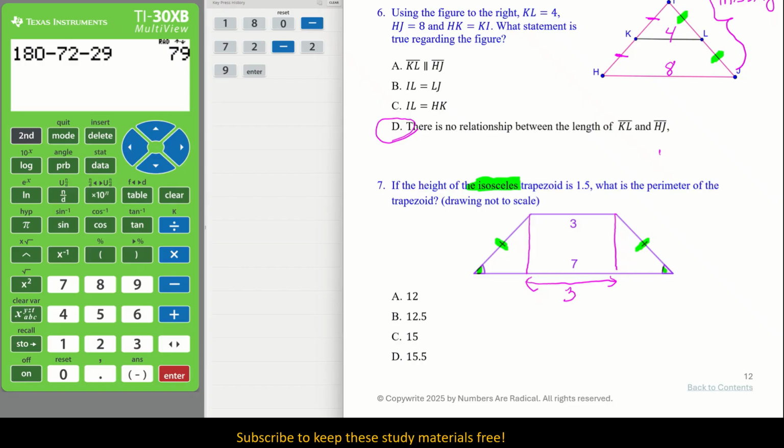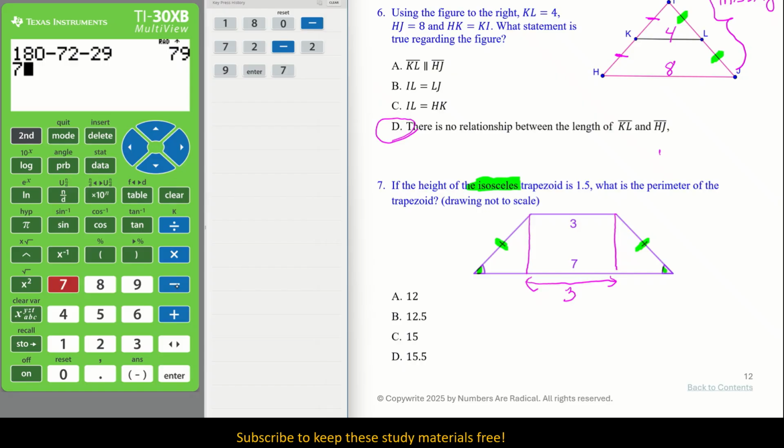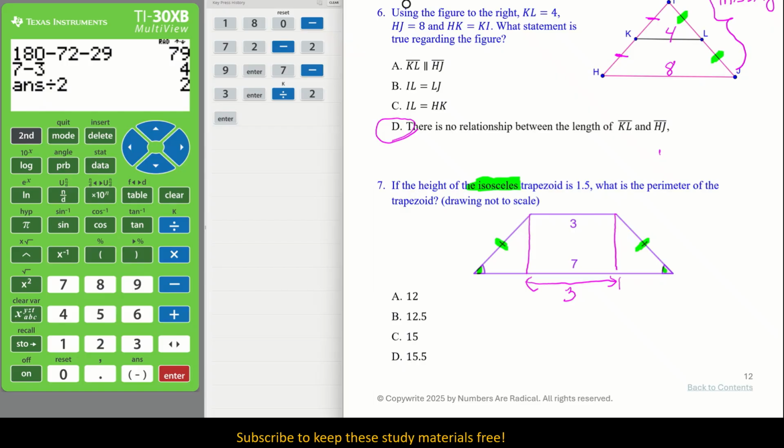Okay? And we know that 7 minus 3 equals 4. And when we take that 4 and divide it in half, because there's two sides, two little segments left, divide by 2, that tells me I have 2 here and 2 there.